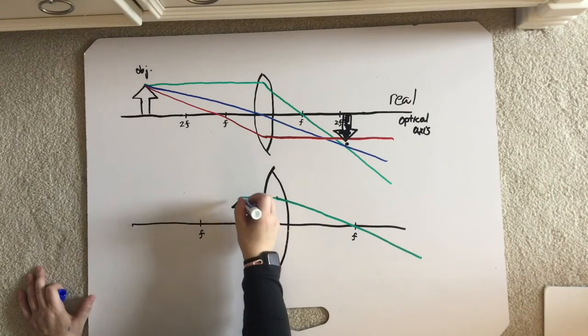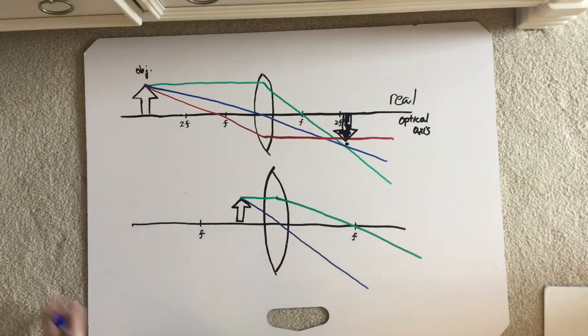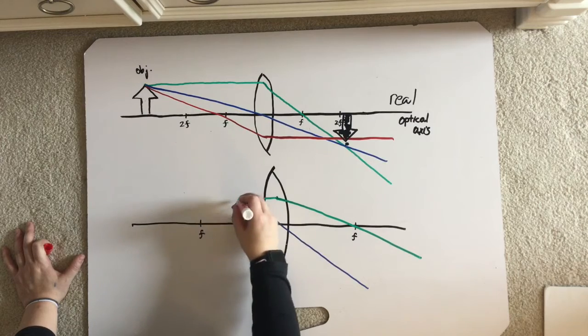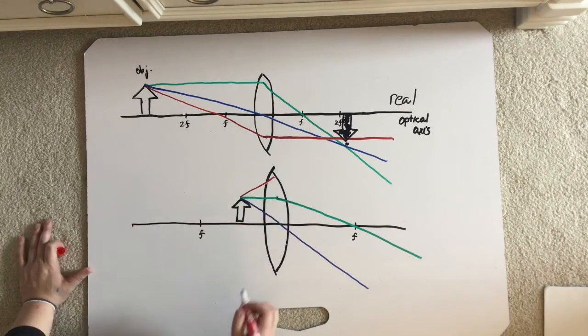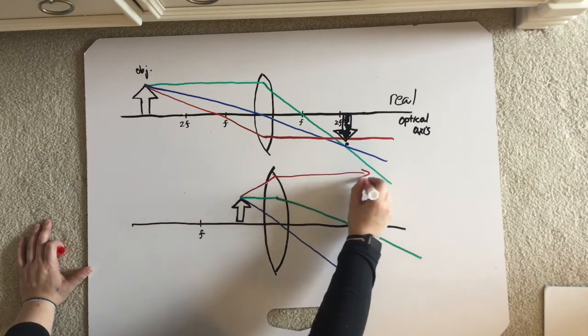Next one is going to start at the top of the arrow. It's going to go through the center of the lens and emerge on the other side. Last one, it's going to be in line with this focal point and the top of the arrow. So it's going to go up until it hits the center, and then it is going to emerge parallel.